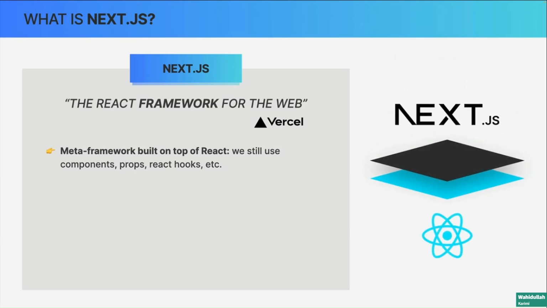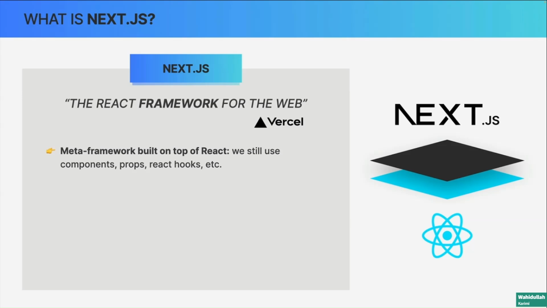So meta because if we consider React itself a framework, then Next.js is a framework on top of another framework. And this is actually becoming quite common in web development these days, with Next being the meta framework for Vue, SvelteKit the meta framework for Svelte, and so on.